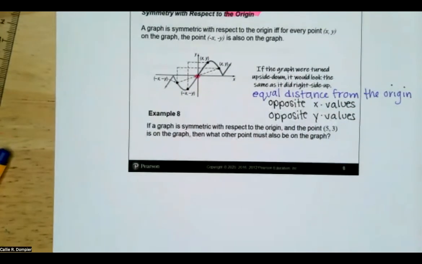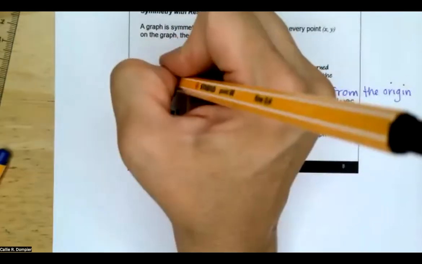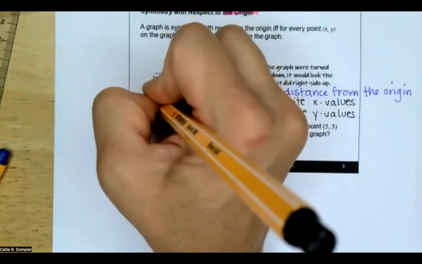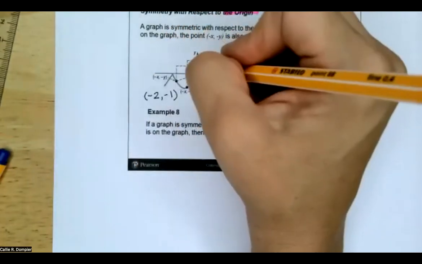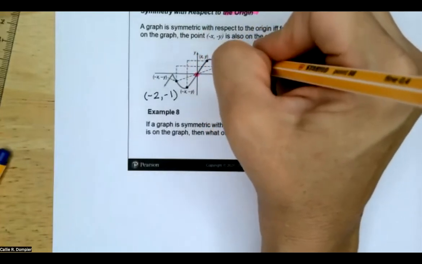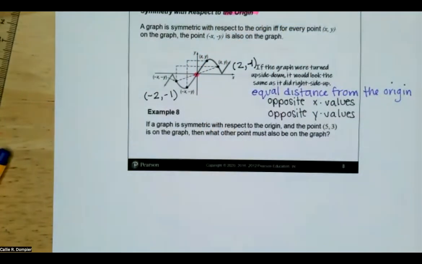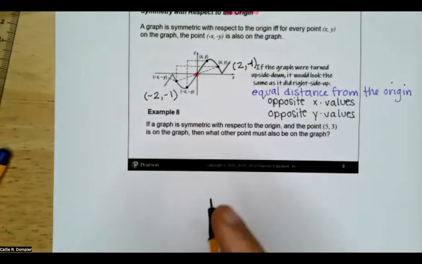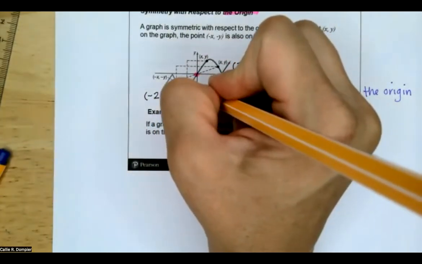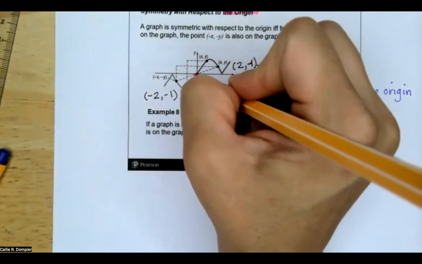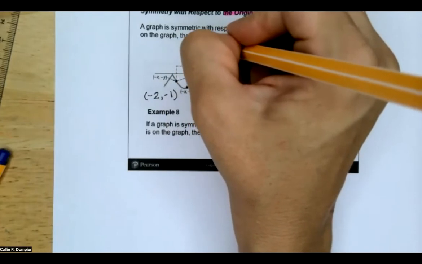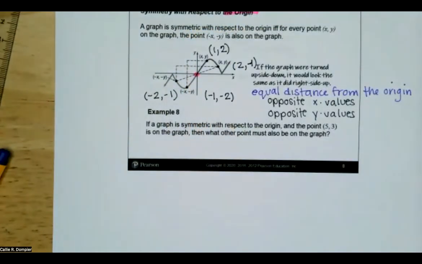Good. So that means anytime I have negative x, negative y, I must also have positive x, positive y. I almost made it negative. Negative 2, negative 1 becomes 2, 1, right? Negative 1, negative 2, confusingly, becomes positive 1, positive 2.